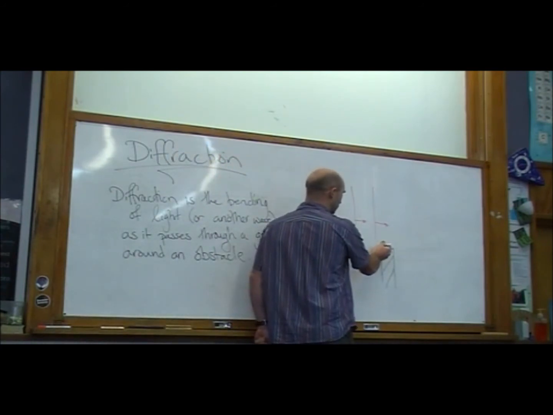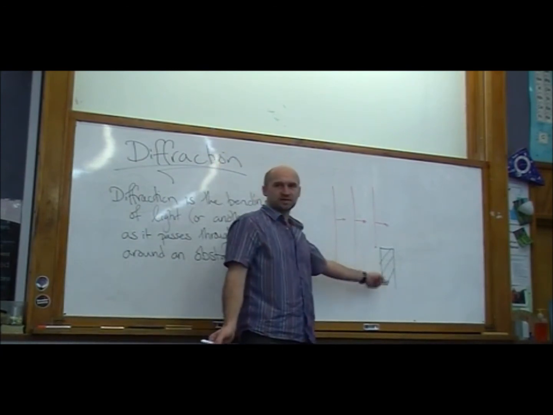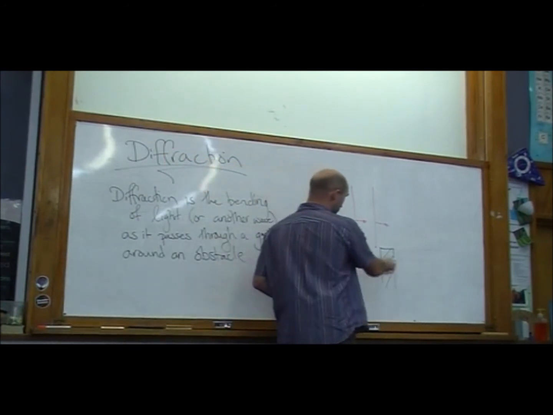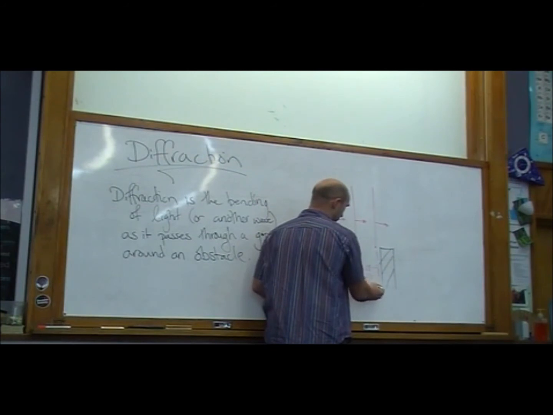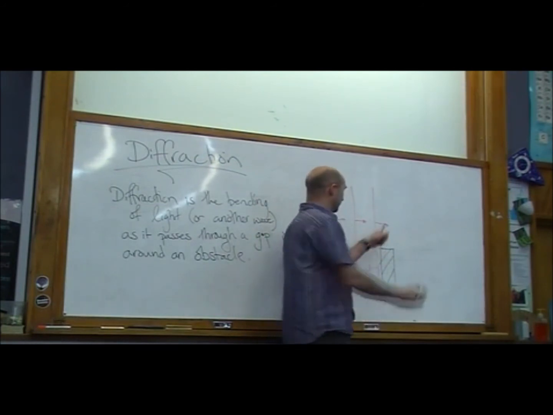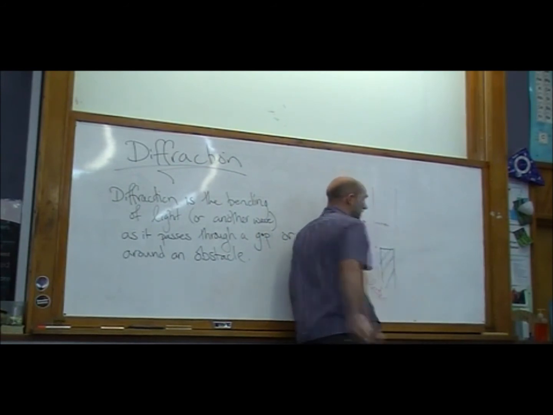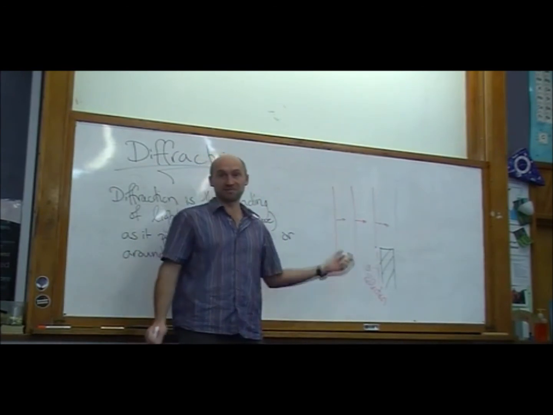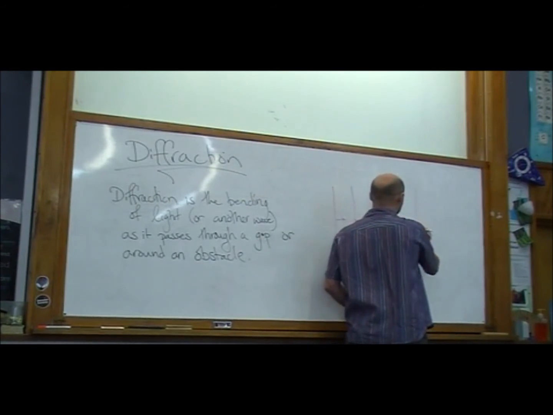What's going to happen to the bottom part of that wave front as it hits that barrier? It's going to reflect off, so this bit of wave here is going to undergo reflection. This bit of wave at the top doesn't know anything about that obstacle down there, so this piece of wave just keeps going.